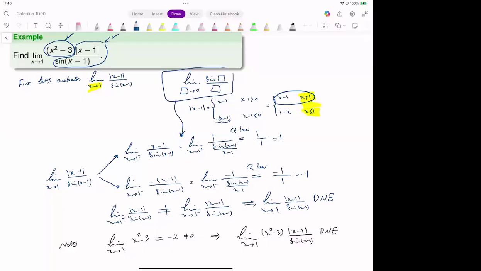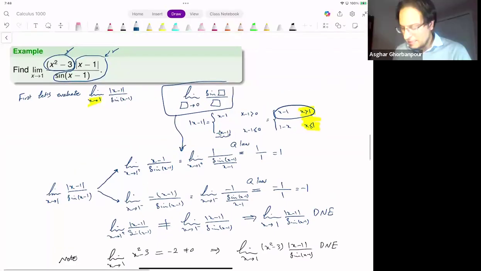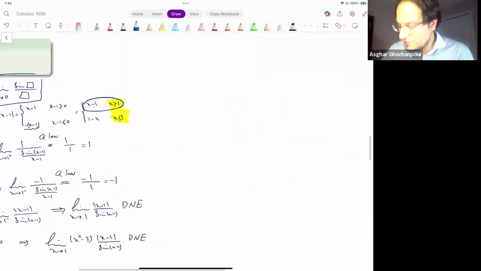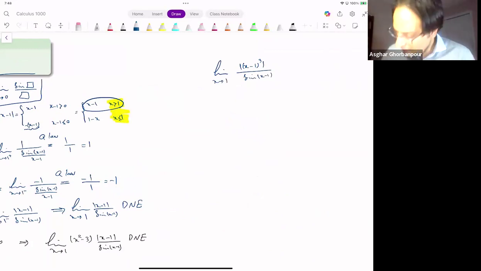All right. Thank you. What I mean is this, maybe I can say it a little bit differently. So for example, if this was the limit of x times the absolute value of x minus 1 to the power 3 over sine of x minus 1 as x goes to 1.